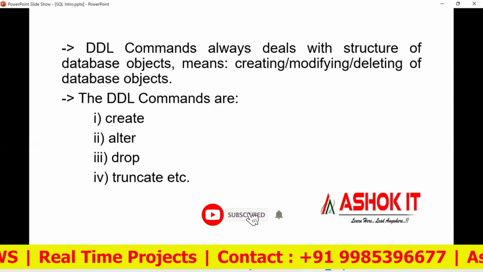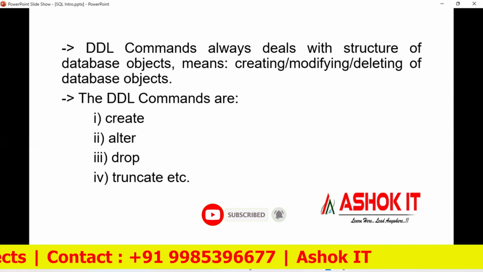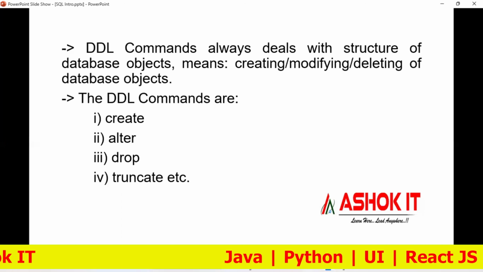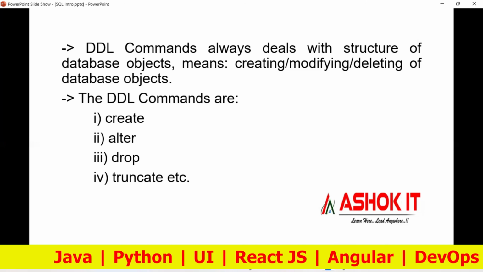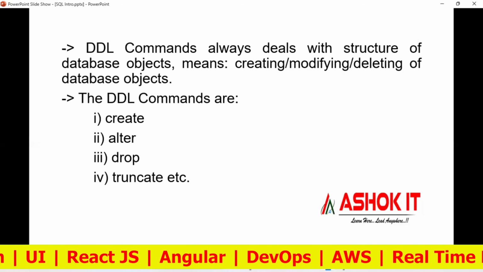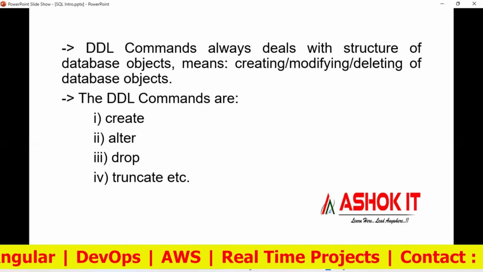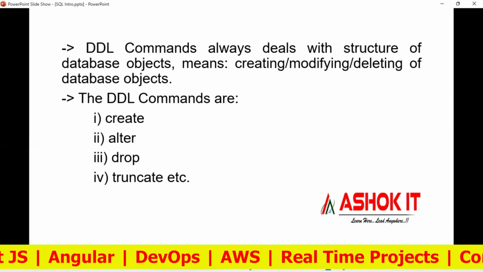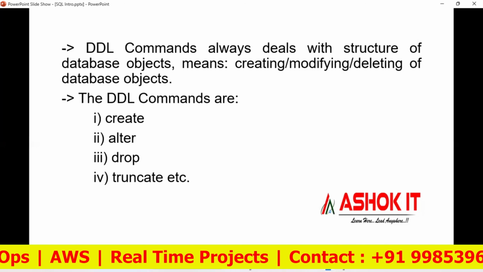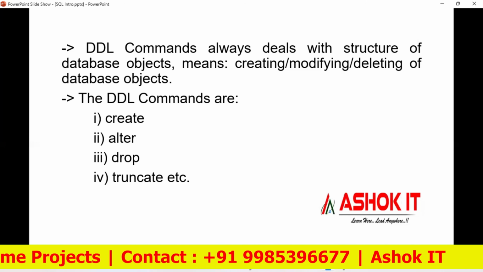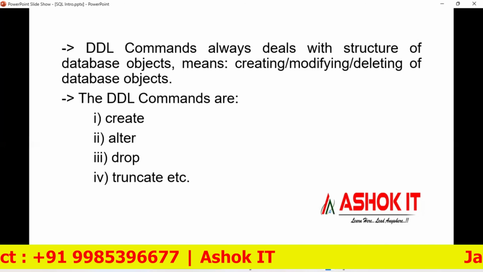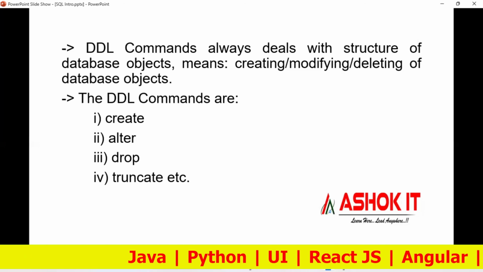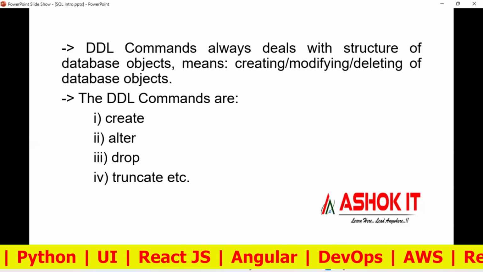That means if you want to create a new database object, or modify the database object, or delete it, we need to use the DDL commands, that is, data definition language commands. So the available DDL commands are create, alter, drop, truncate, etc. By using these, we can create the database object, we can modify it, we can delete it, etc.